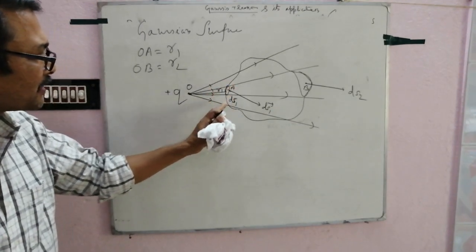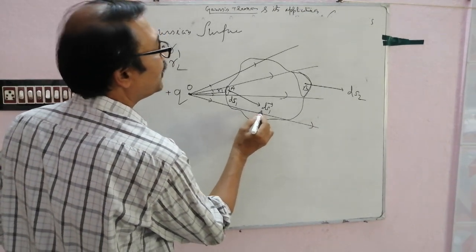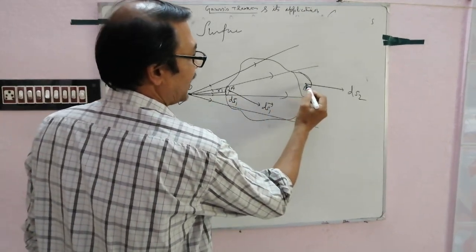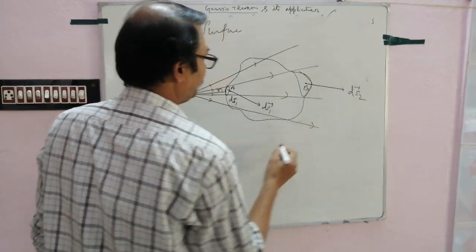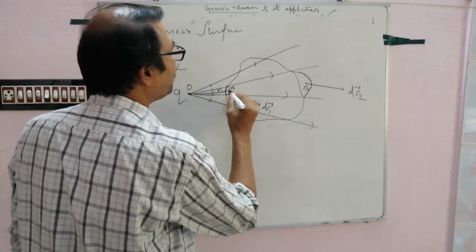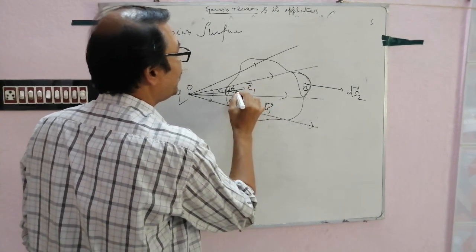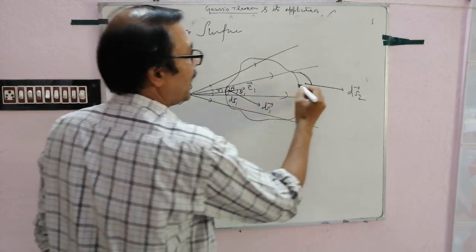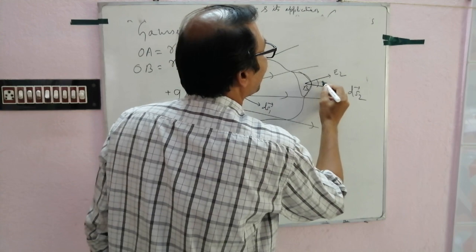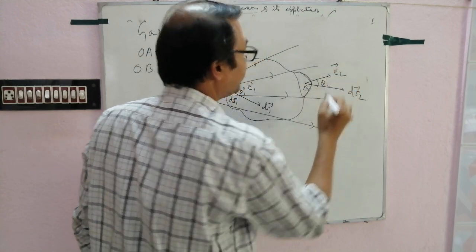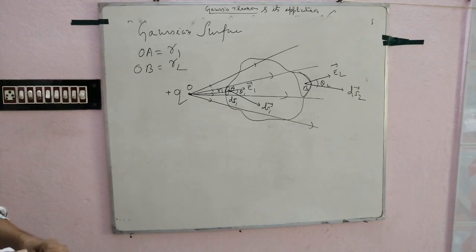At A the small area DS1 has its normal in this way, and at B the small area DS2 has its direction in this way. Here the electric field E1 is in this direction, at angle theta 1, and here the field is in this direction, at angle theta 2. Clear? The charge is outside the Gaussian surface.